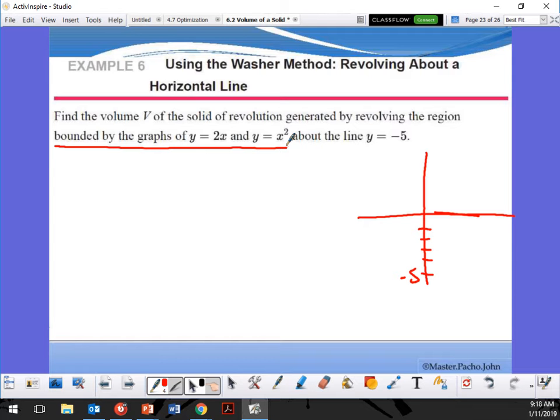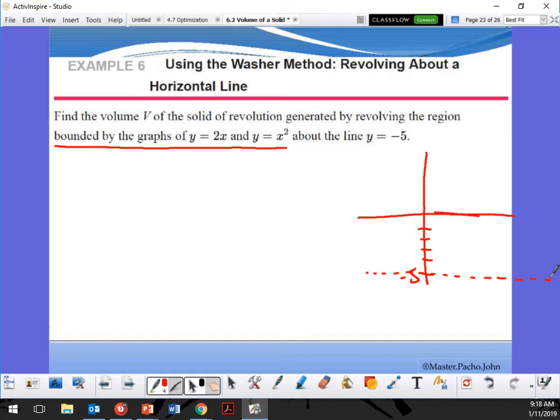If it's rotating around the line y equals -5, it's basically going to be like the x-axis, isn't it? This problem looks really familiar, doesn't it?